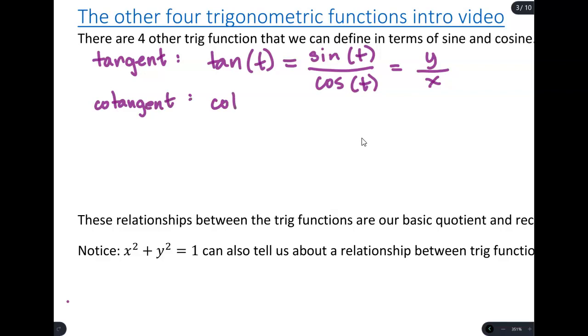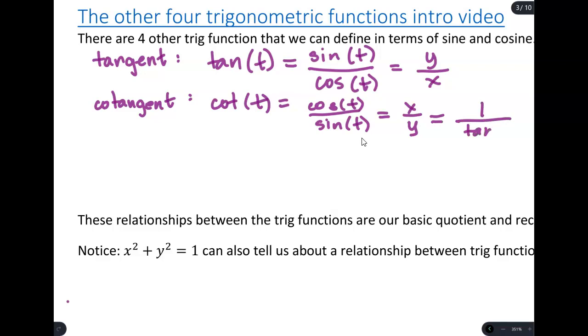It's abbreviated COT. As I said, they all input t values. It gives us cosine t over sine t, which is x over y on the unit circle. And I'm even going to give you one more. It's the reciprocal of tangent.